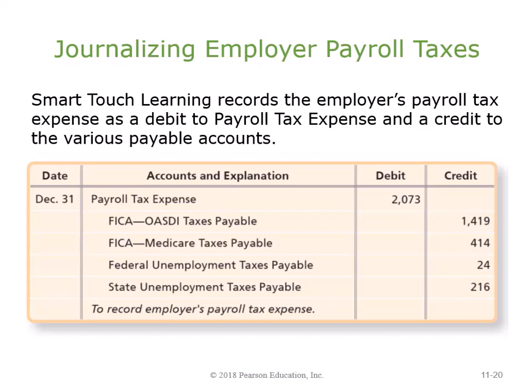So this is their portion of Social Security FICA, their portion of Medicare FICA, their portion, or, well, I guess the entire federal and state unemployment taxes, because all of those taxes are their portion, as the employees do not pay that. But this is kind of an example of what that looks like. The total goes to payroll tax expense, and then they do payables based on the parties that will receive those funds, the people that they owe the money to.